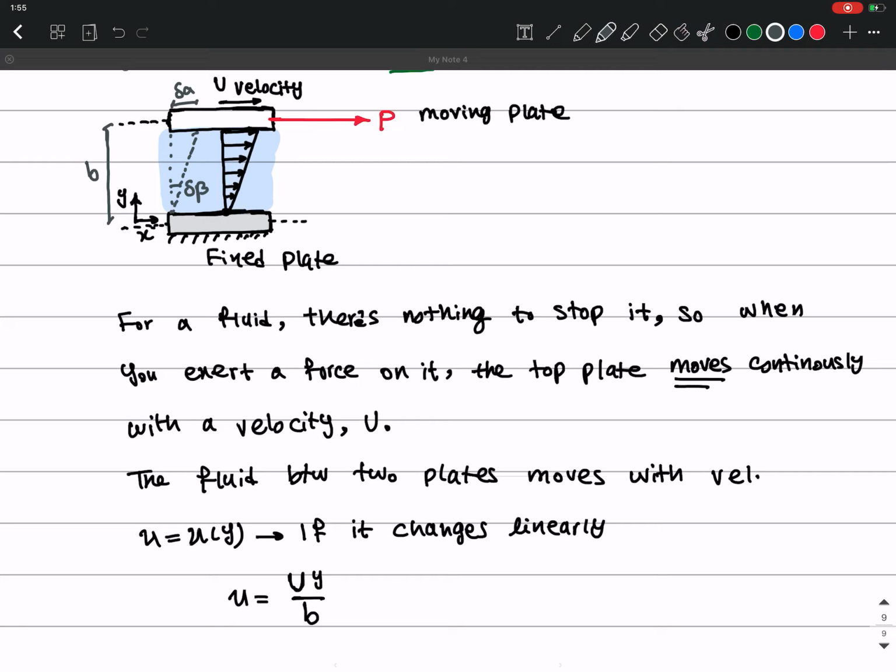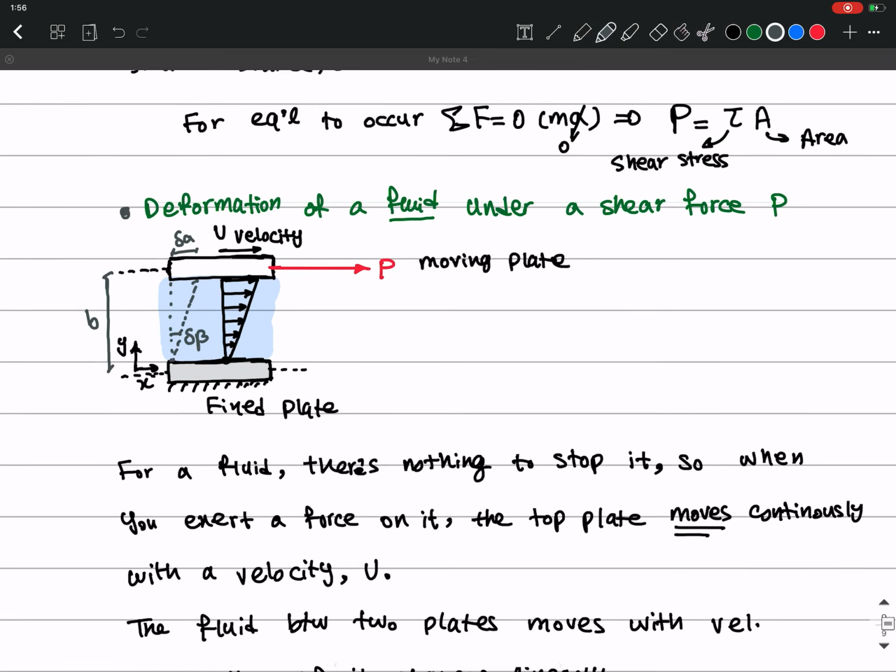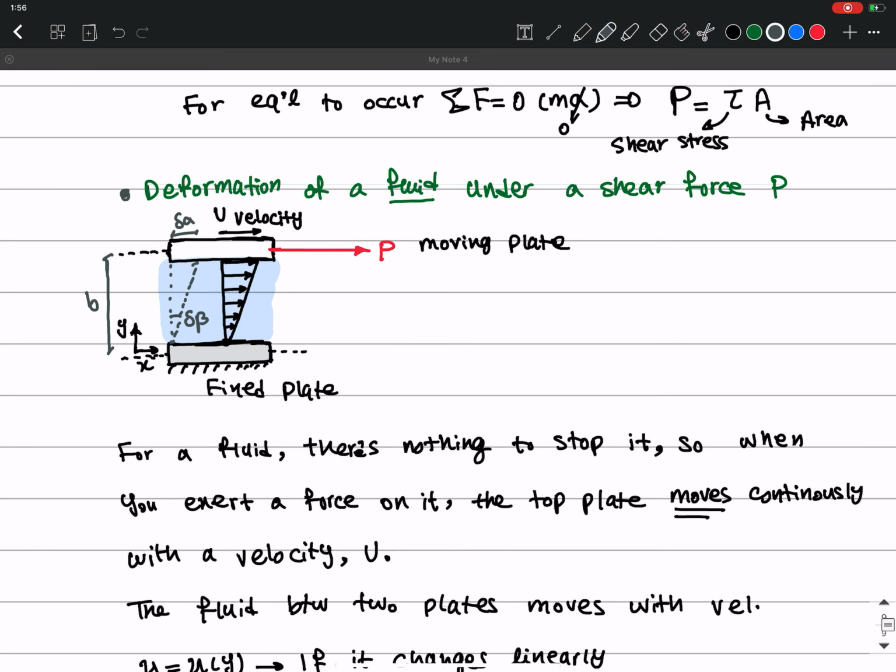Okay. So in the next lecture, I'm going to define the velocity gradient based on this. And then we are going to define a viscosity based on this deformation for fluids, and then define different types of fluids like Newtonian fluids, which will have a linear change between shear stress and rate of shear strain, and non-Newtonian fluids. Okay.